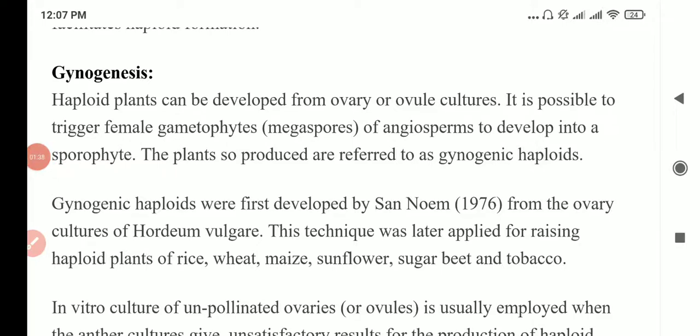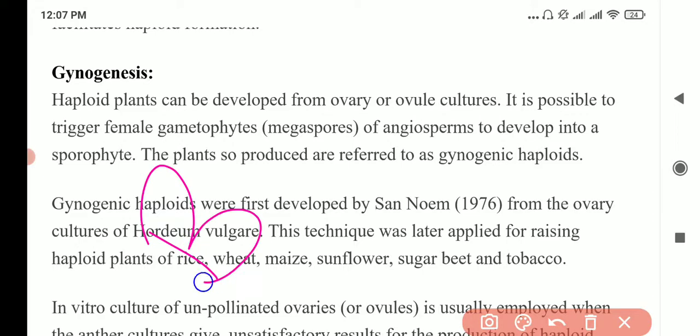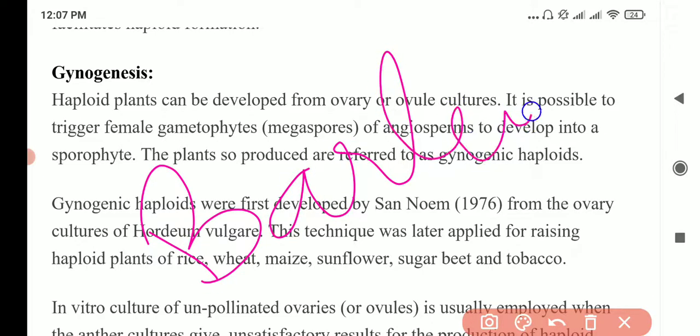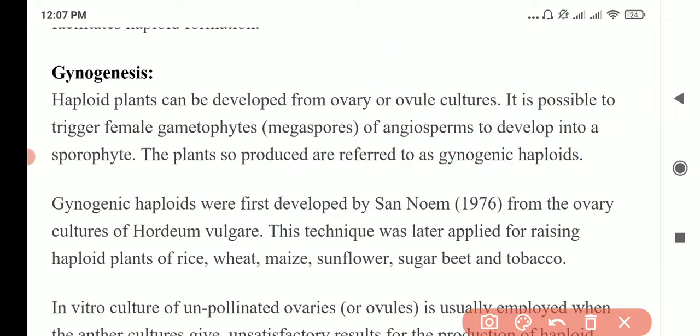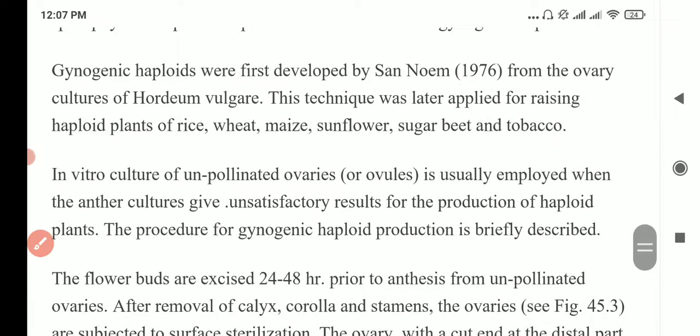I remember now, Hordeum vulgare is barley. So they applied it to other food crops like rice, wheat, maize, sunflower, sugar beet, and tobacco, because barley is just like your rice and wheat.